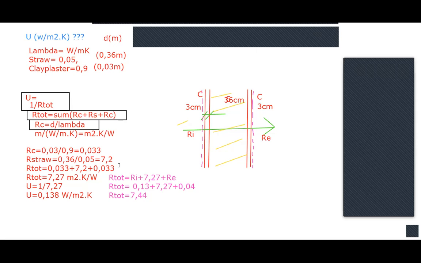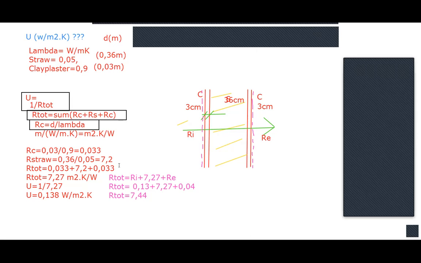Here it's always good to say that it depends on the direction of fibers, because I can still see straw bale buildings where the bales are laid so that the stalks go in the direction of heat flow.